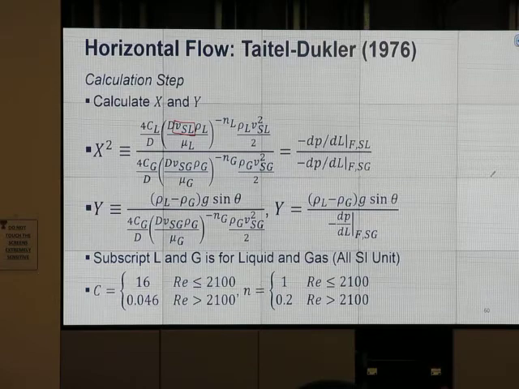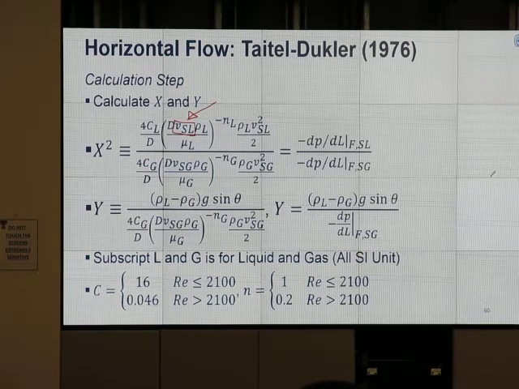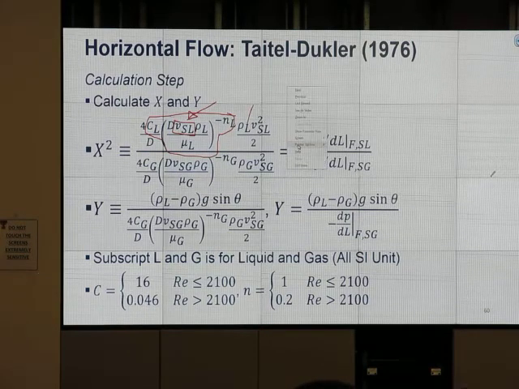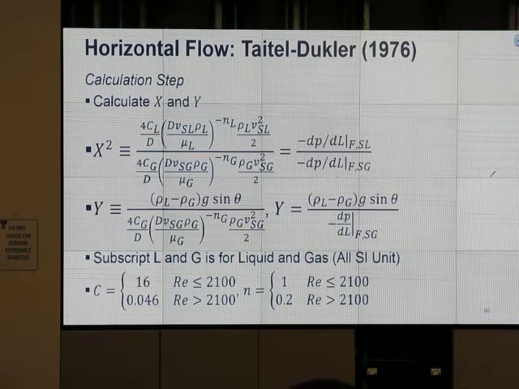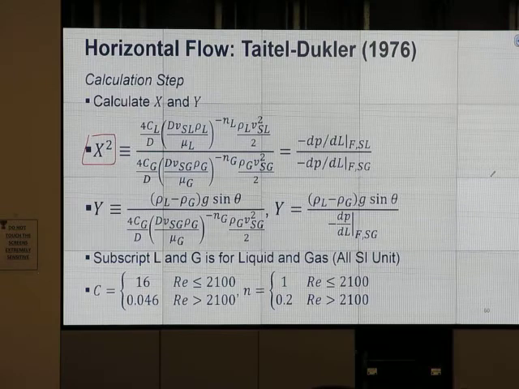Flow rate divided by cross-section area. That's VSL. Rho L, mu L, those are known, just fluid property. So I get C or this friction factor, right? Rho L VSL squared. So the top part I can calculate. And the bottom part is just for gas based on VSG and mu G. Then I get X squared, I take the square root.